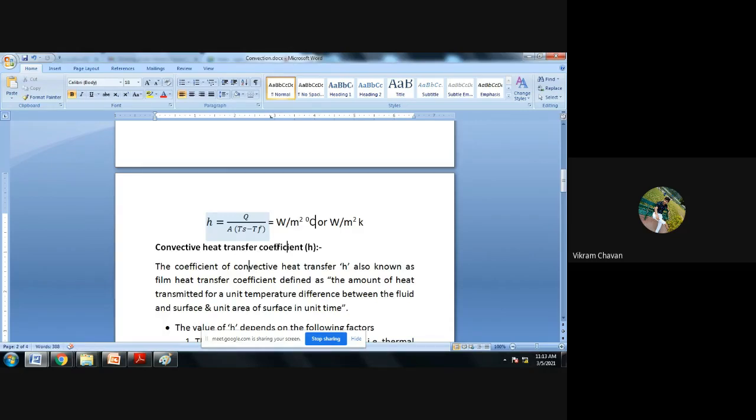Whatever heat transfer happens at that time is equal to the thermal conductivity of the material.